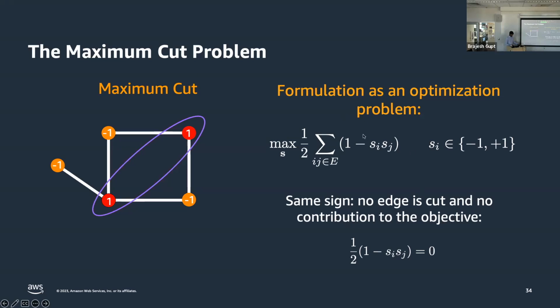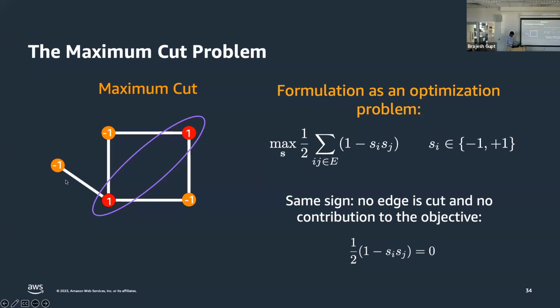If you see this objective function, you run over all edges. Consider this edge with -1 and 1. So Si is -1, Sj is 1. That means Si times Sj will be -1, and 1 minus -1 becomes 2, and then you divide by half.